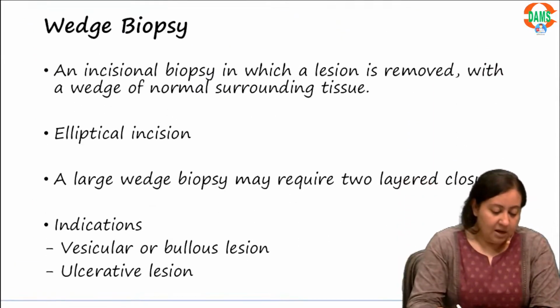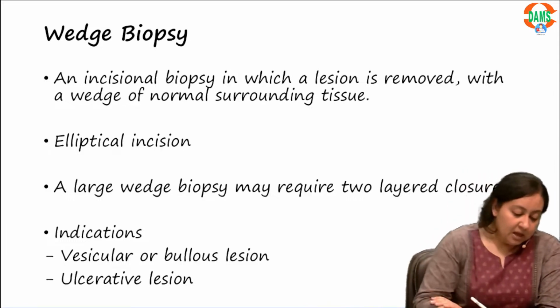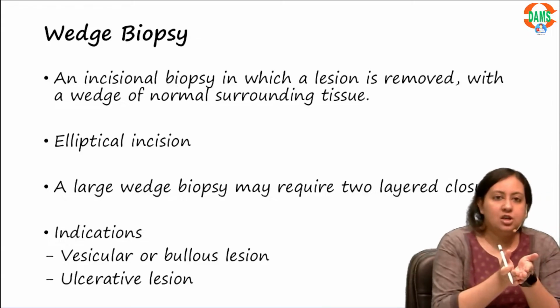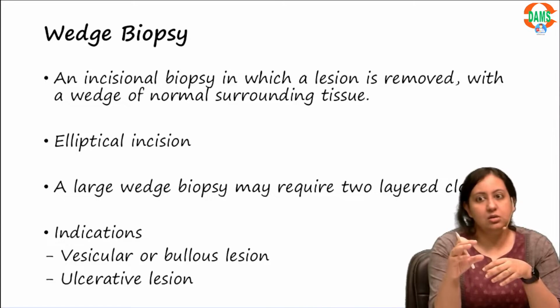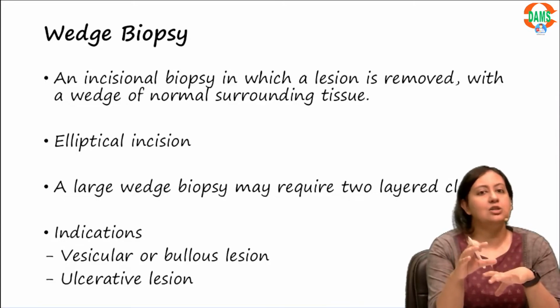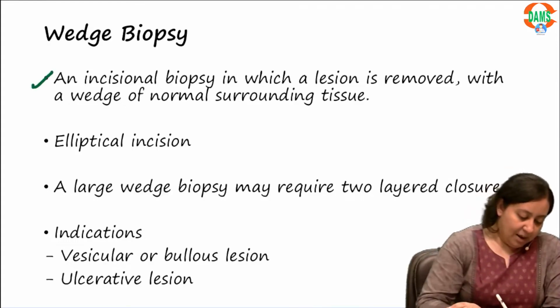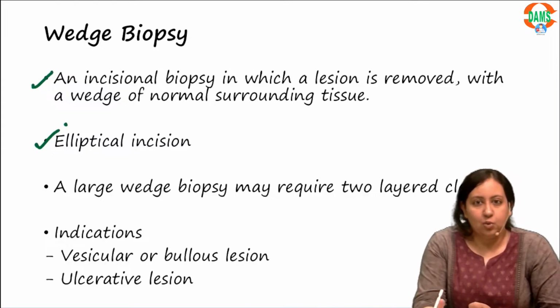Okay, let's have a look at wedge biopsy first. So in wedge biopsy, you remove a wedge shaped tissue. When you remove a wedge shaped tissue, it contains your lesion, the lesional tissue, as well as your normal tissue. Okay, so you give an elliptical incision. We will see this in the next slide, where I have included a visual.